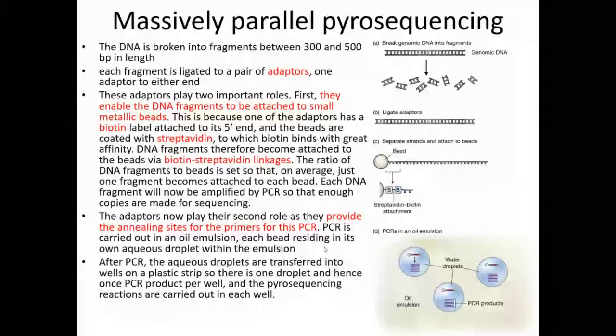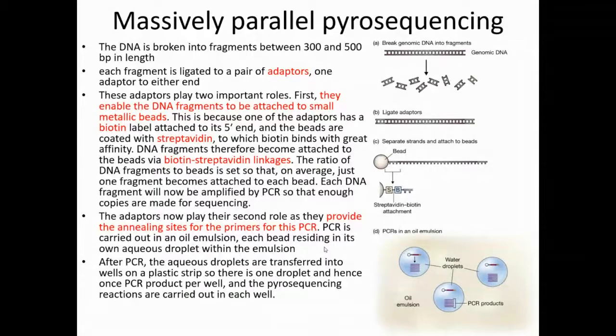So basically, in this massively parallel pyrosequencing, you break the genomic DNA into fragments, like 300 to 500 base pairs long, and then each fragment you ligate to a pair of adapters, one adapter at either end of the sequence.